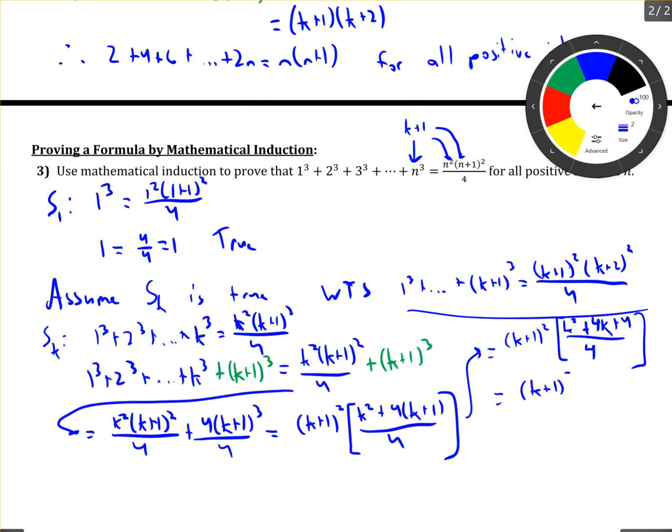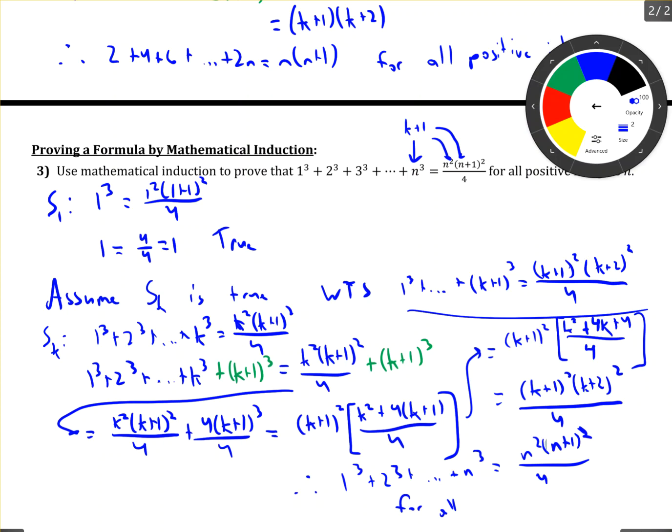So k plus 1 squared, k plus 2 squared, and that over 4 can go wherever we want, so I can write it this way. So therefore, 1 cubed plus 2 cubed plus dot dot dot plus n cubed equals n squared times n plus 1 squared over 4 for all positive integers n.